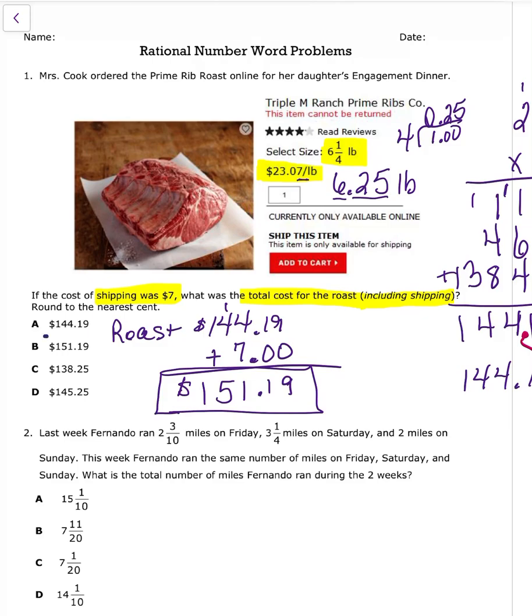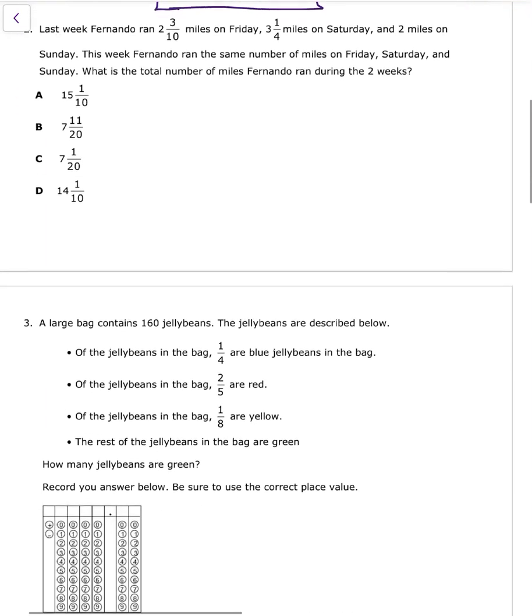Yes, it will be. So that B is our answer. Okay? All right, so some key things to remember here. Once you do work, go back and reread your question to make sure you answered the question. Okay? All right, let's look at number 2 together.